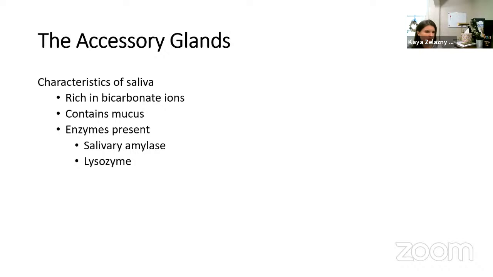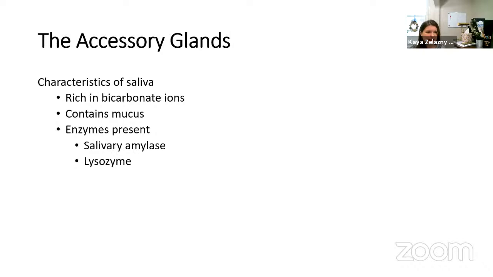Don't have a picture of the salivary glands here, but we can think about the product of the salivary glands, which is saliva. It's spit. Saliva is rich in bicarbonate ions, so it's a little bit alkaline. Contains mucus to lubricate food, to allow you to swallow it without scratching up your esophagus.